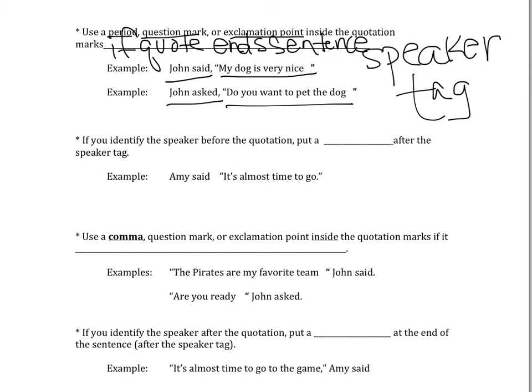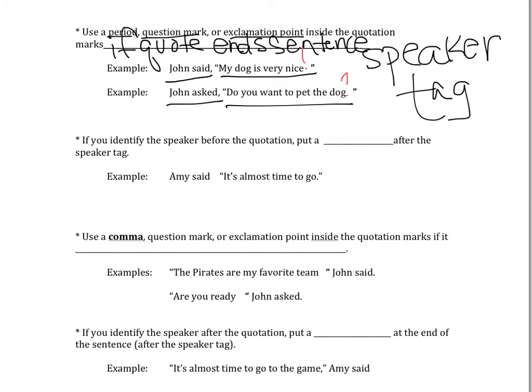So again, your choices would be: John said, "My dog is very nice." I could put a period at the end of that, or this could have been an exclamation point. In the next one, John asked, "Do you want to pet the dog?" or a question mark. Those are your 3 choices.